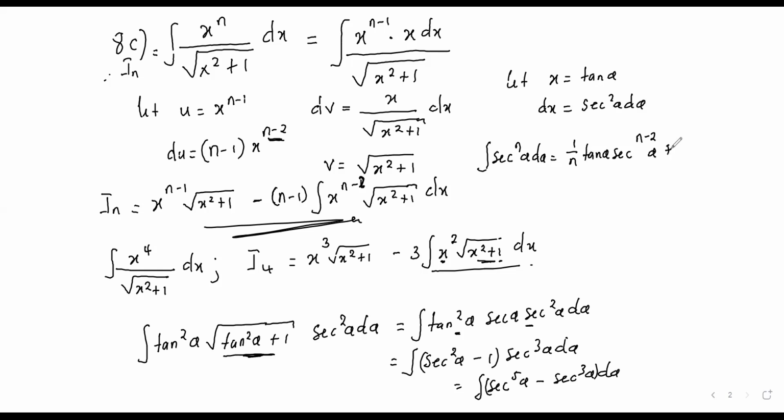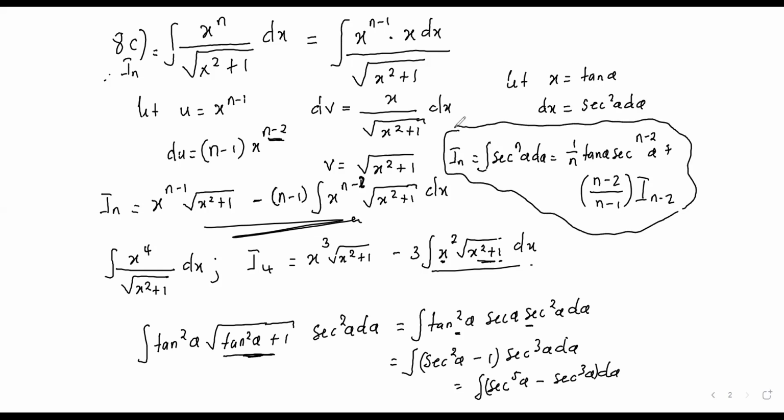plus (n minus 2) over (n minus 1) I_(n minus 2). So this is your I_n. This will be your integral first. So the only job you have is, where the first one, your n is 5.